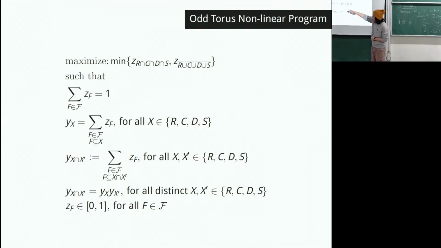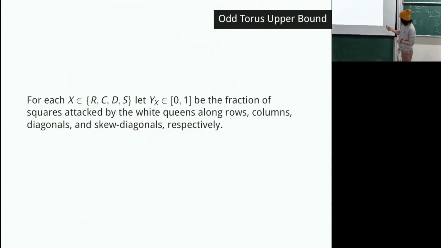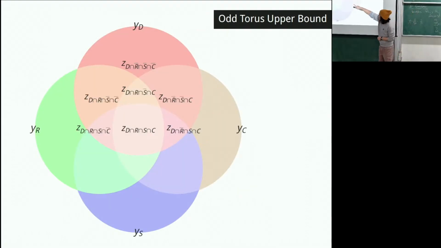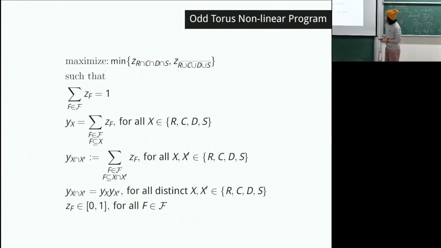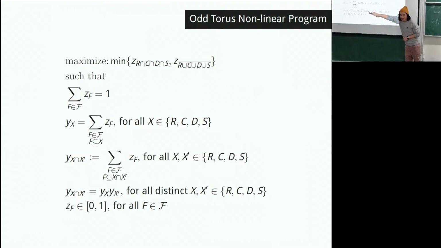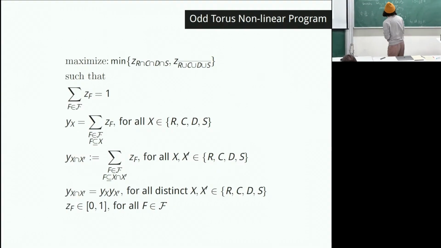This is basically a definition: I'm also interested in the intersection of, say, the rows and the columns, so I introduce a variable that represents this region of the Venn diagram, a union of these smaller regions. And the key constraint is this quadratic constraint, which is pretty easy to see.